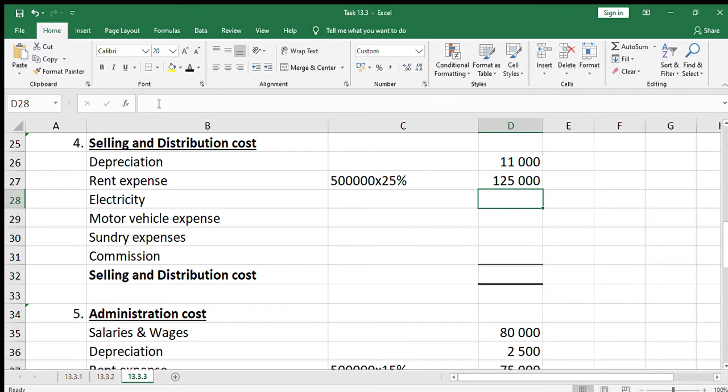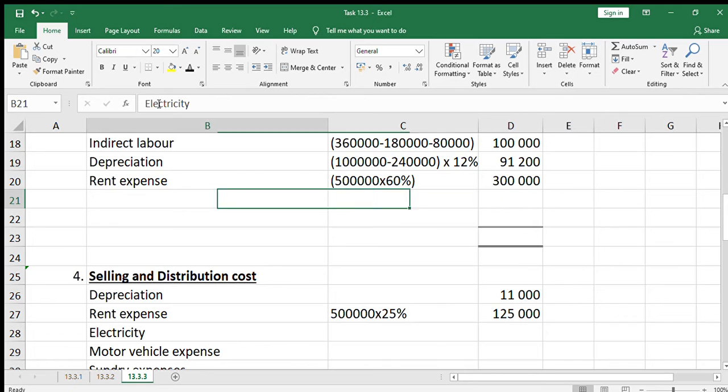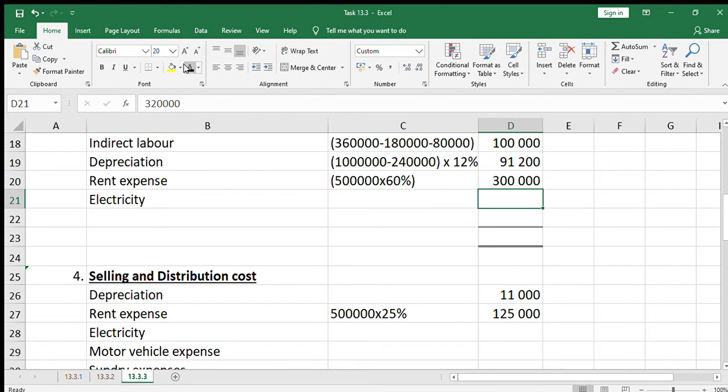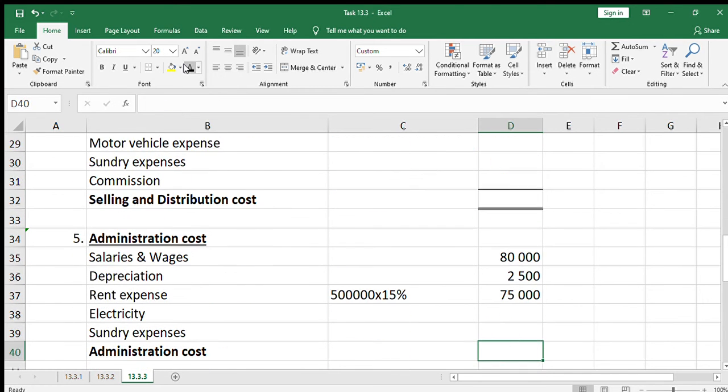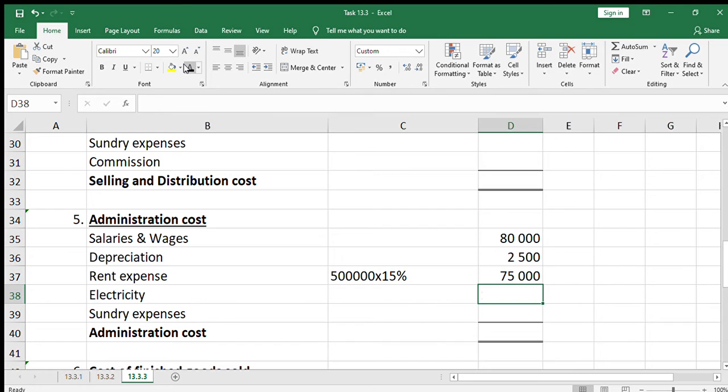Then number 10, other expenses were electricity, 344,000. The factory used 320,000. So go to factory overheads, open up electricity, and we're only going to put the factory's portion in there, so 320,000. The office used 10,000, so we're going to go to administration costs, and we're just going to fill in there 10,000. And the sales department used the rest.